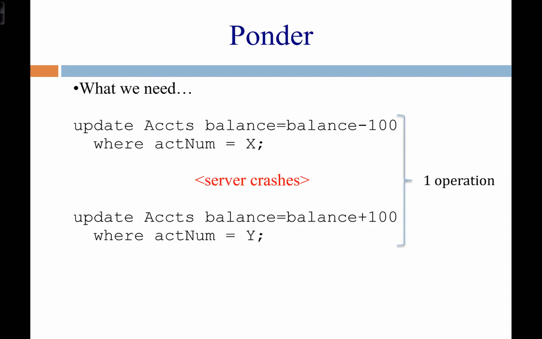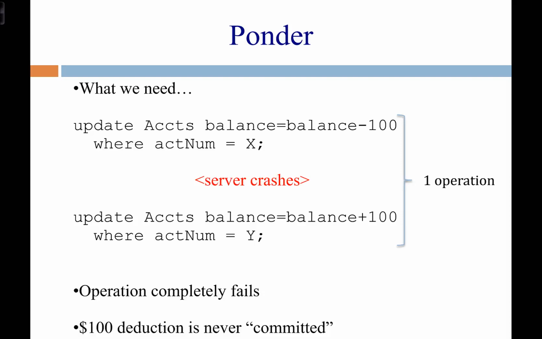So if the server crashes somewhere in between this, then once the server gets back up and running and restarts, anything that had happened or partially happened in this one operation will be undone. More precisely, it never happened in the first place. It was never committed in the first place. It was working on it in sort of a temporary space, and then it will never actually make the changes permanent. So the customer doesn't lose their money. They would have to do the transfer again, but that's better than having them lose money.